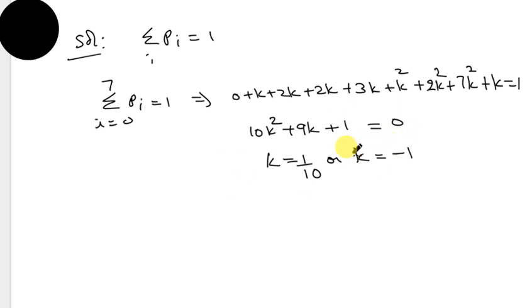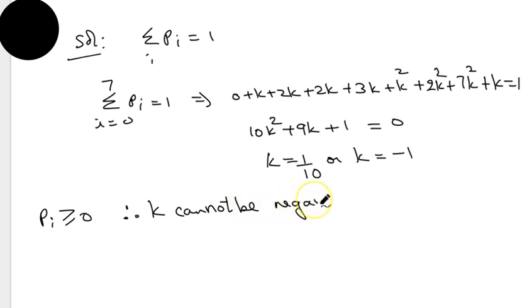Now what happens? This k is directly going to reflect upon the values of the probability. We know that all p_i are greater than or equal to 0. Therefore, my k cannot be negative. It has to be a non-negative number. Hence, k equals 1 by 10.